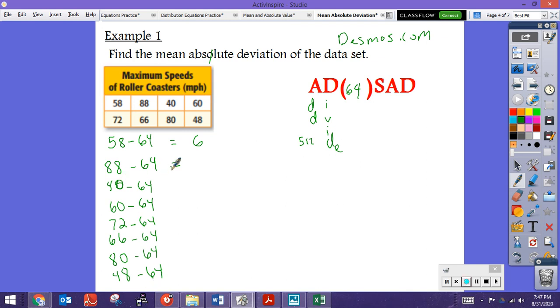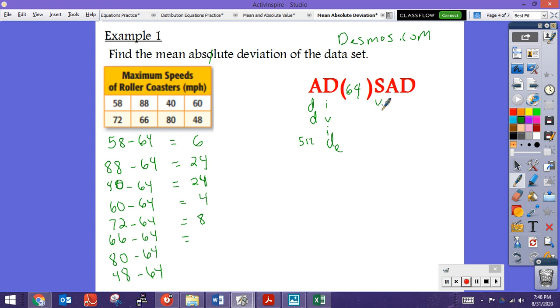88 minus 64 is 24. 40 minus 64 would be negative 24, but the distance away, right, the absolute value, is 24. Here is 4 away. How far is 72 from 64? It's 8.